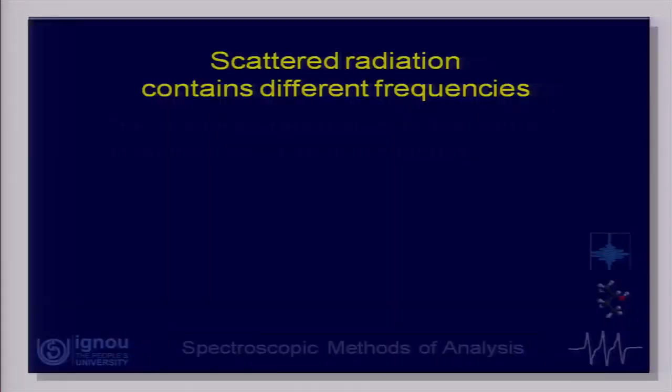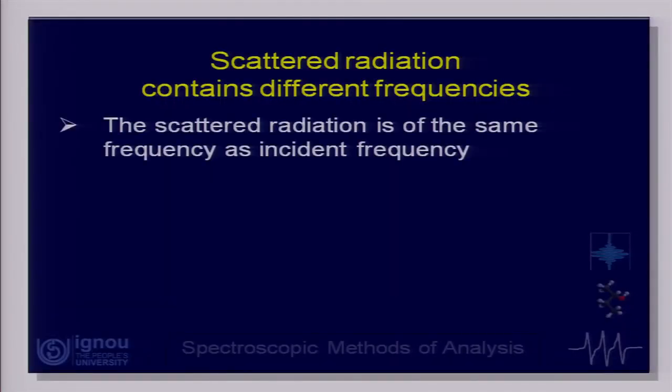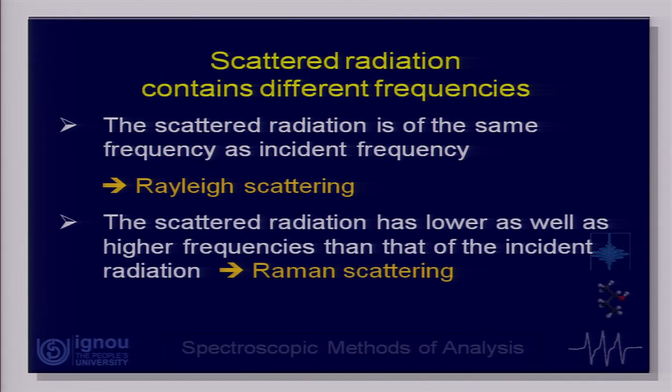The major component is the radiation which is of the same frequency as that of the incident radiation, and that is called Rayleigh scattering. In addition to that, a very tiny component has frequencies which are either slightly more or slightly less than that of the incident radiation, and that is called Raman scattering, and that forms the basis for what is called Raman spectroscopy. Very, very important phenomenon. Okay.